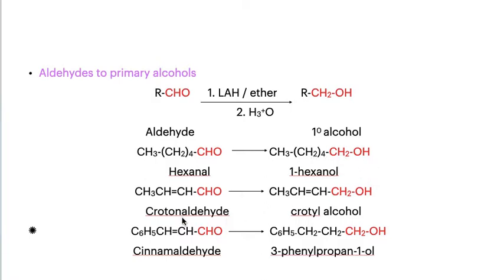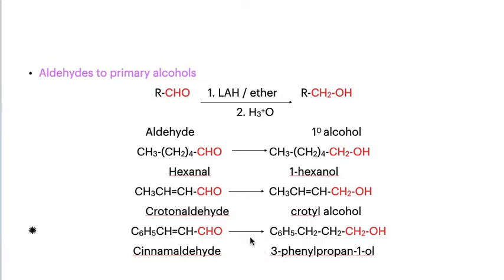Let us see the second example, crotonaldehyde, CH3CH=CHCHO. On reduction with lithium aluminum hydride, it forms crotonyl alcohol, CH3CH=CHCH2OH. There is the reduction of only the CHO group to the CH2OH group. Let us see another example, cinnamaldehyde, C6H5CH=CHCHO.